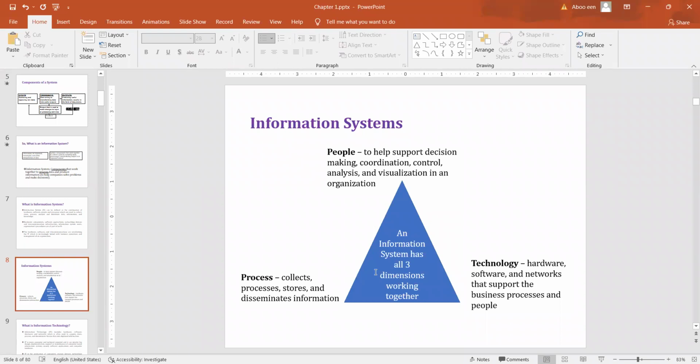Now we are going to define information technology. So what is information technology?